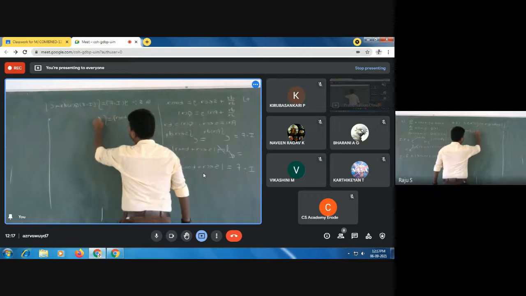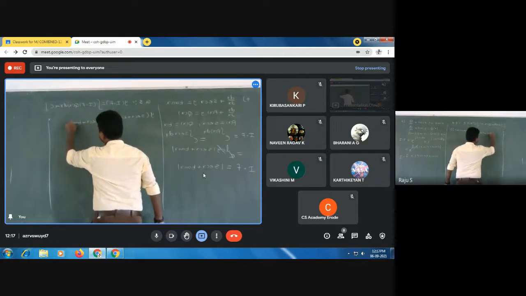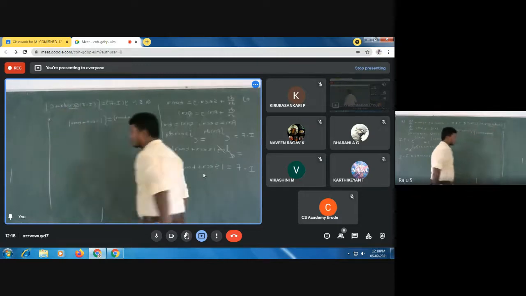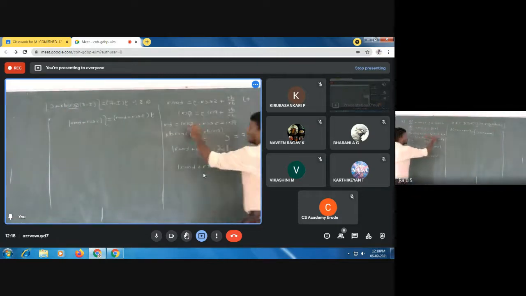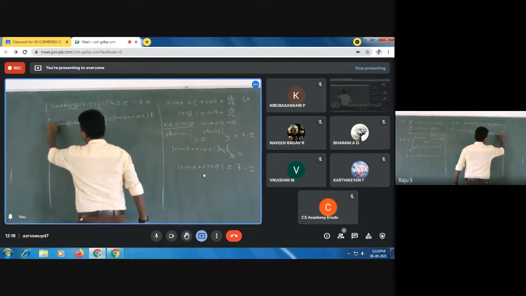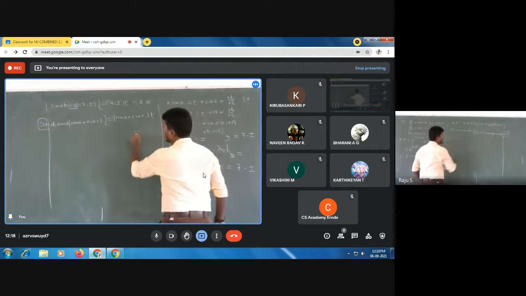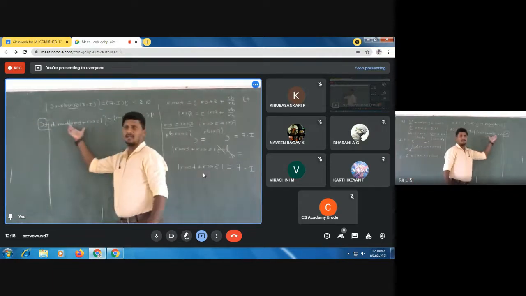What is q of x? Tan x. Compulsory plus c, right? Left side no need to evaluate. Evaluate the integral value in the RHS.